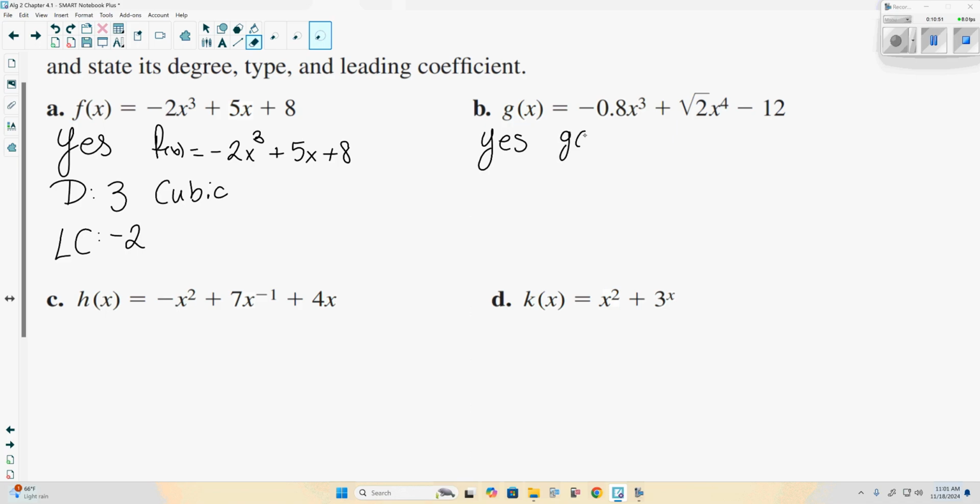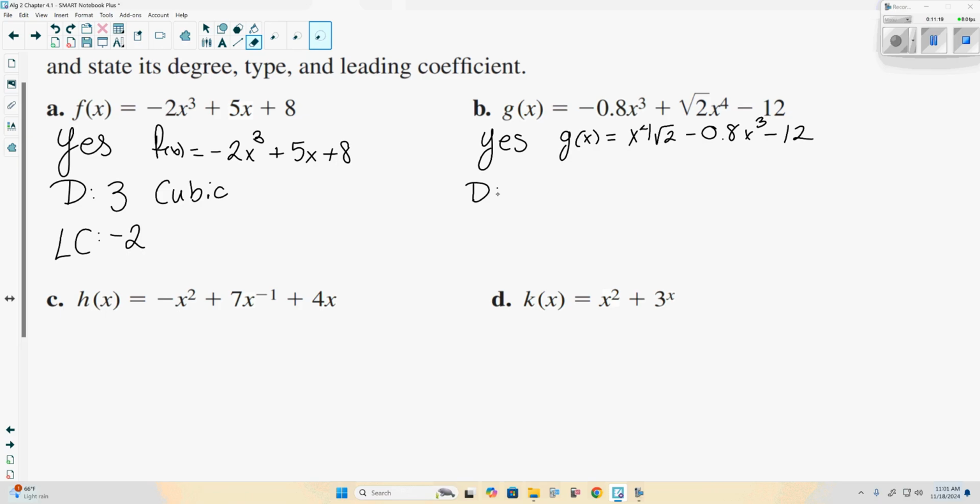But it's not in standard form, because our first term in standard form would be square root of 2x to the fourth, or x to the fourth times the square root of 2. Both of those are fine. And really, just so we don't confuse ourselves, we can say x to the 4 times square root of 2 minus 0.8x cubed minus 12.